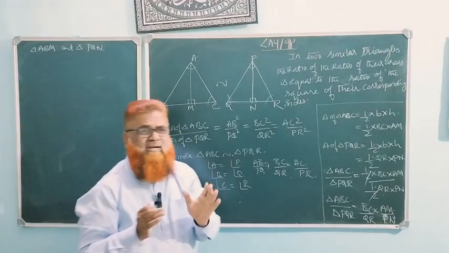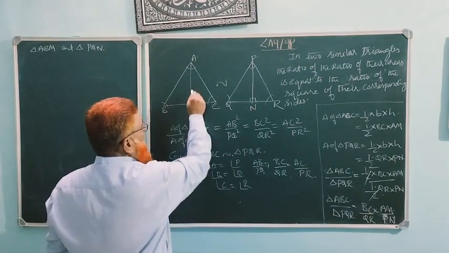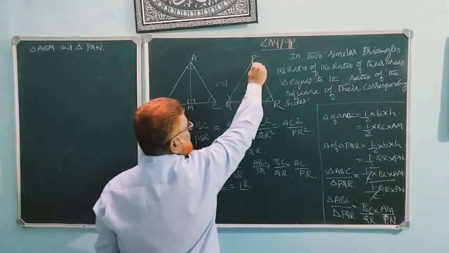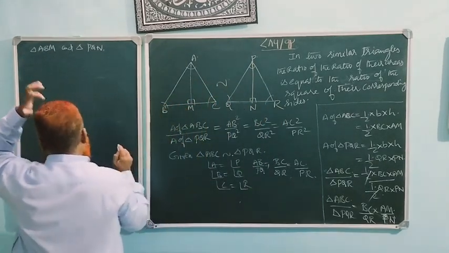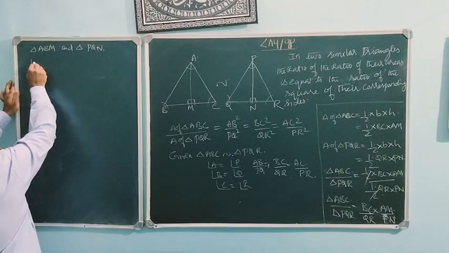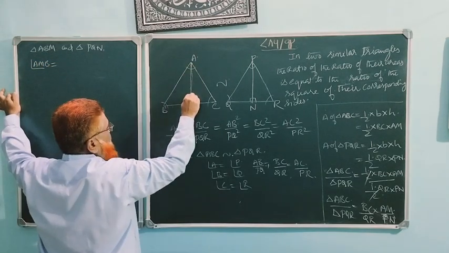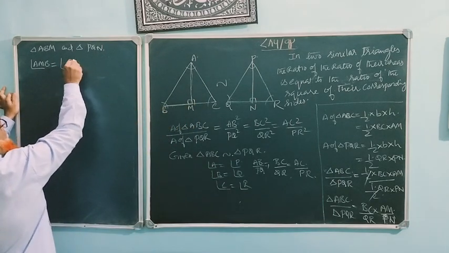First, try to analyze what common things you find in these triangles. Do you see that AM is perpendicular to BC, so it forms a right angle, and PN is perpendicular to QR, so it forms a right angle. Therefore, I write angle AMB is equal to angle PNQ.